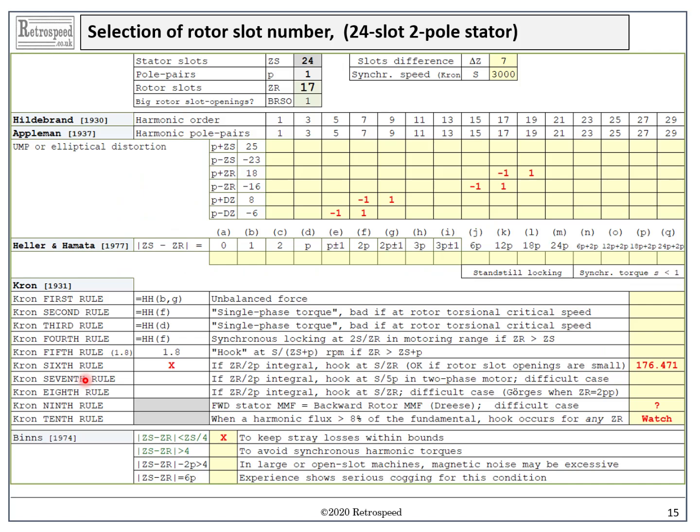To help in navigating the rather complex interactions that can occur, I use a spreadsheet which contains most of the known tests for undesirable conditions. Of course, I mean known to me. There may be others. Here is an example for a 24-slot, 2-pole motor with 17 rotor slots.